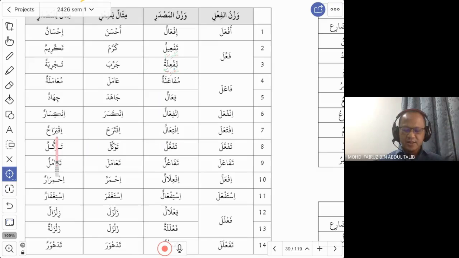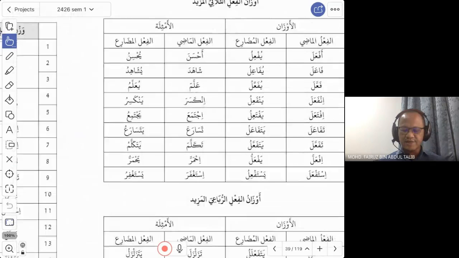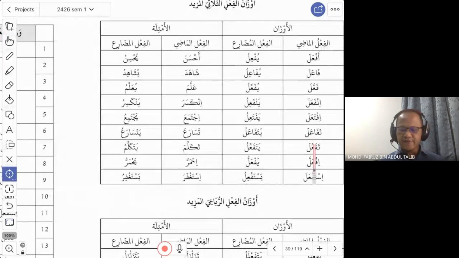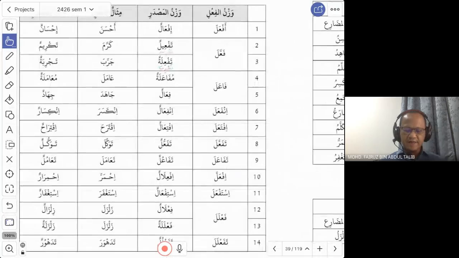The next wazan is for the fi'l tafa'ala. From the old table, tafa'ala, yatafa'alu. So now the masdar is tafa'ul. Again, tafa'ala, yatafa'alu, tafa'ul.